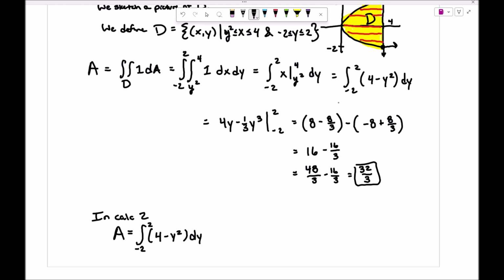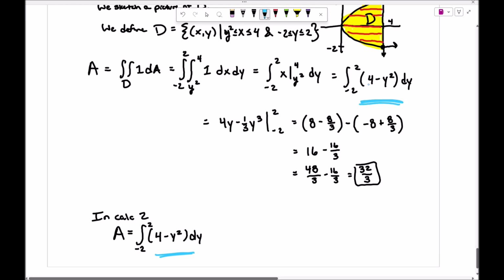But take a moment here to think about how this Calc 2 setup relates to the Calc 3 setup. Isn't it actually the case that this integral right here appears in our work from up above? Isn't it exactly the same as what we have right here?